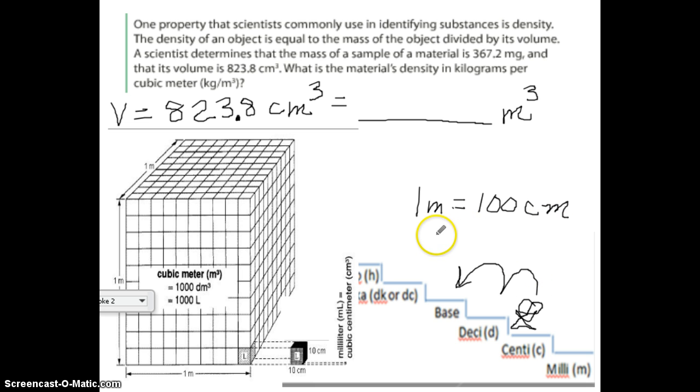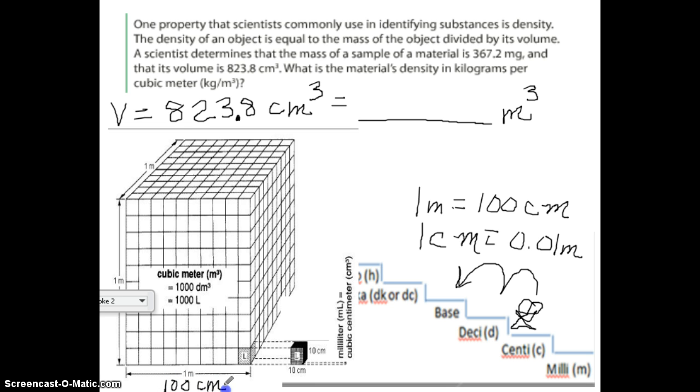Or if we go the other direction, then we can say 1 centimeter equals 0.01 meters. All right, let's look at what direction we want to go. We're starting out with centimeters, we're going to meters. Well, 1 meter equals 100 centimeters.